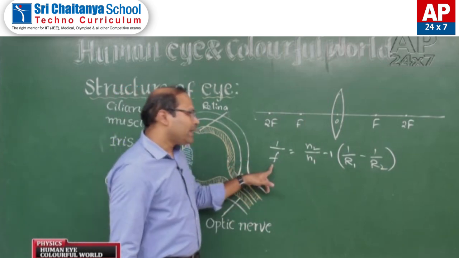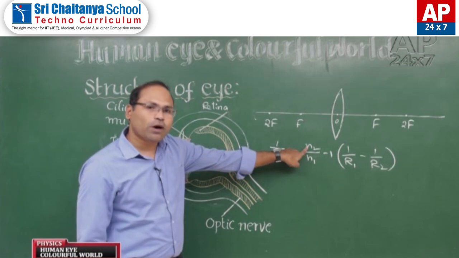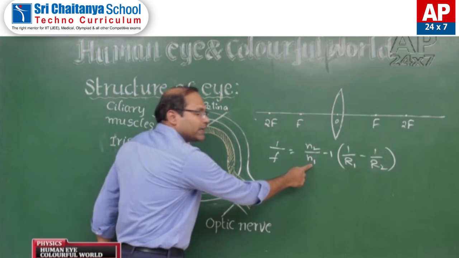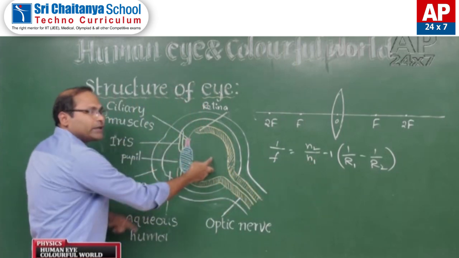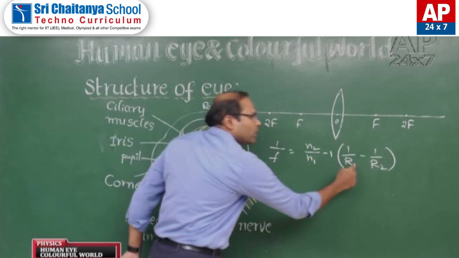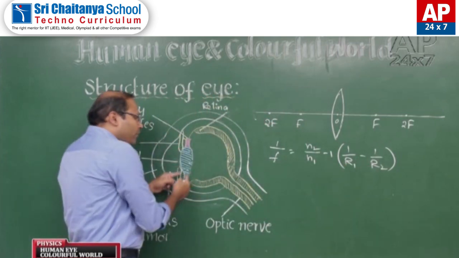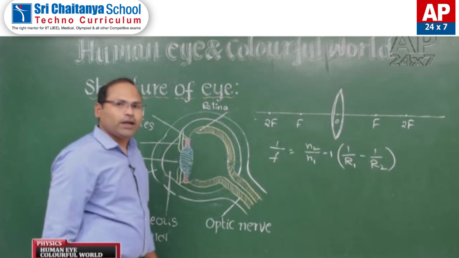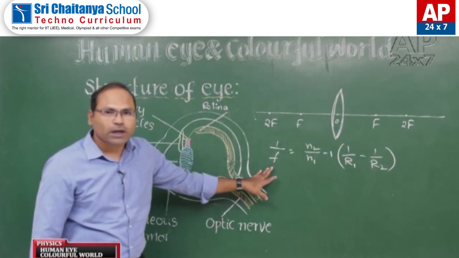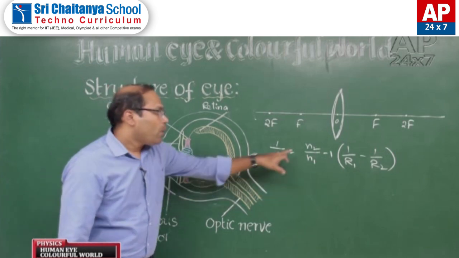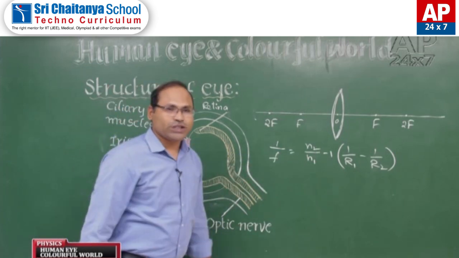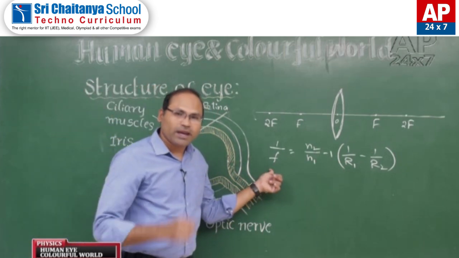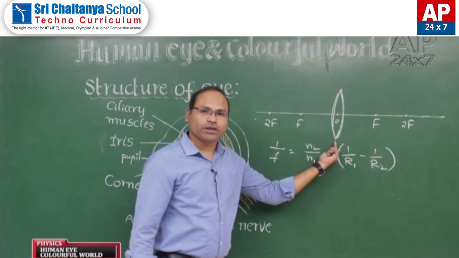Here see, the focal length depends on n2, the refractive index of the lens material, and n1, the refractive index of the surrounding medium, and R1, R2, the radii of curvature of the lens. n2 and n1 are not going to change in the eye, so the only possibility to change the focal length is to change the radii of curvature.